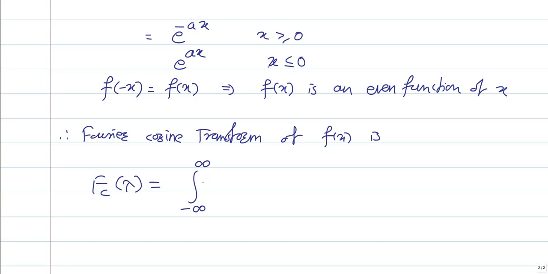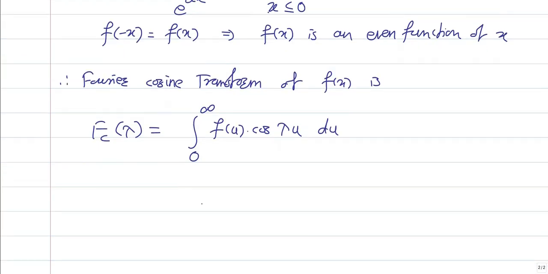As we are finding the Fourier cosine transform, the limits are from 0 to infinity, f of u cos lambda u du.